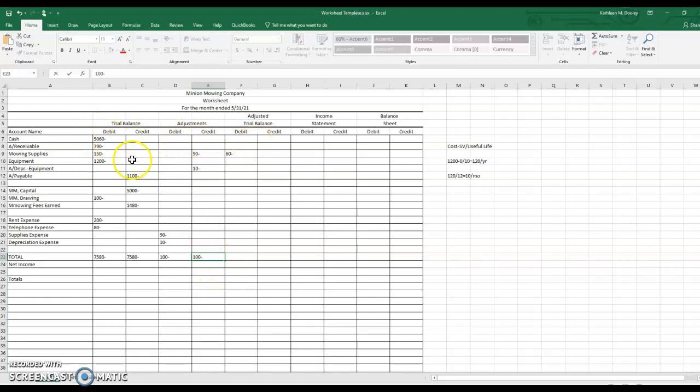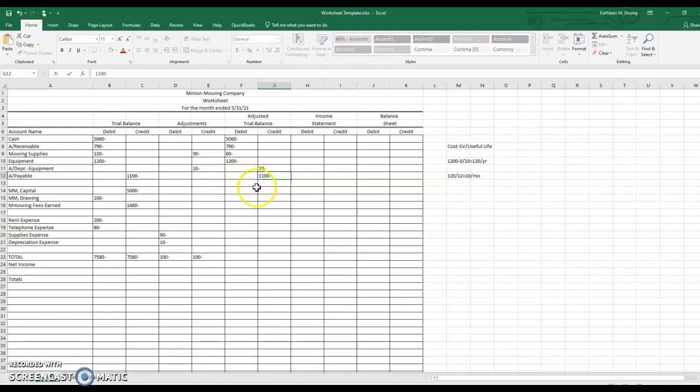Now I'm going to add all these rows across. Debit and debit is add, credit and credit is add, debit and credit is subtract. Cash, there's no adjustment, so it stays the same. Same thing with accounts receivable. There's my mowing supplies, I already did that. $1,200 for equipment. 0 and 10 is 10 credit balance for accumulated depreciation.